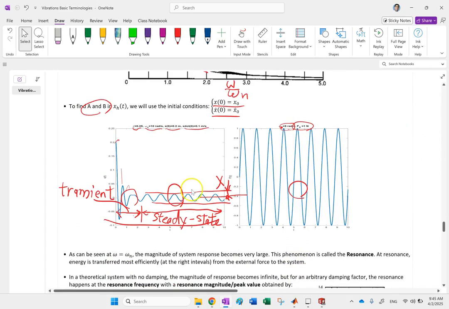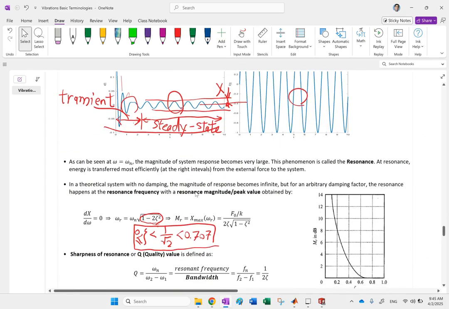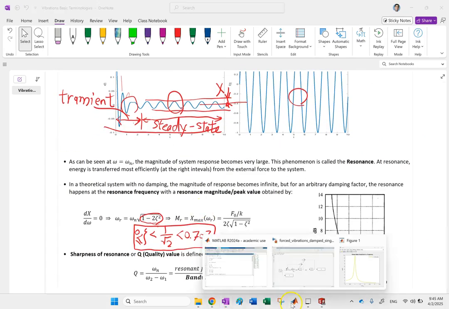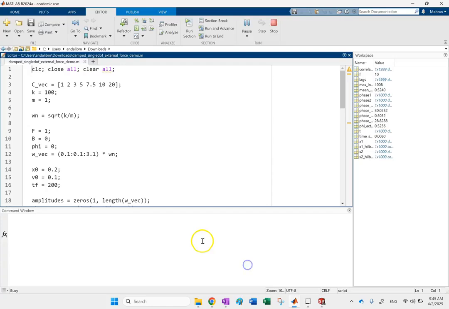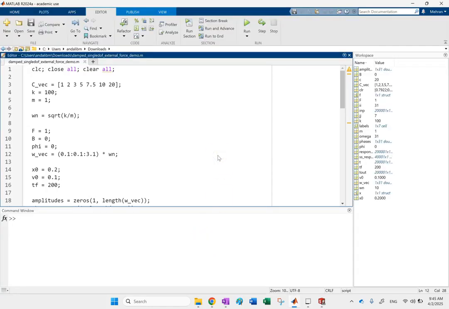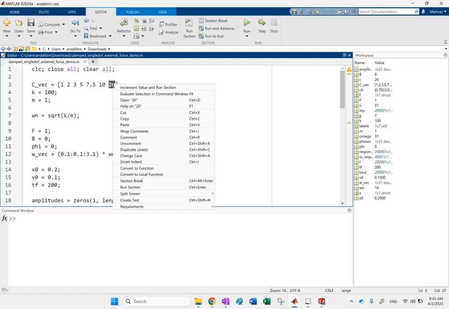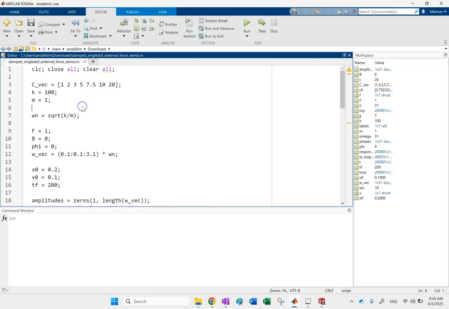a sample solution here. By the way, I made a MATLAB code for you that simulates this same system for different zeta values, basically anywhere from close to 0 to 1, where C's are anywhere from 1 to 20, K is 10, M is 1, so natural frequency is 10, so C critical is 20, and therefore that number corresponds to zeta of 1.